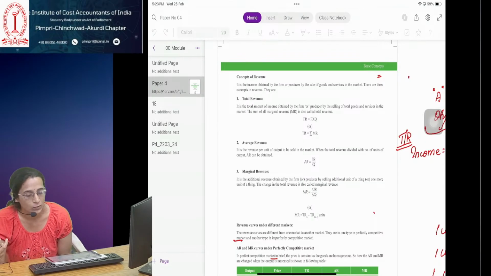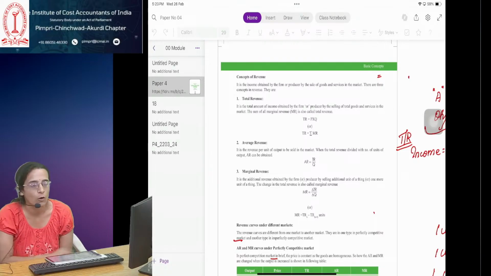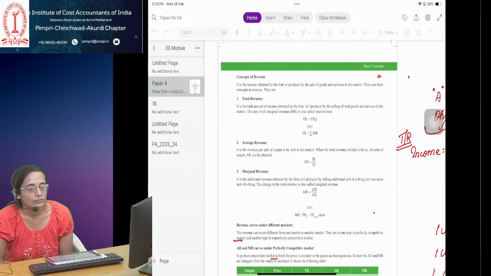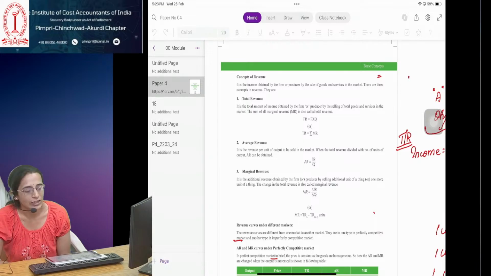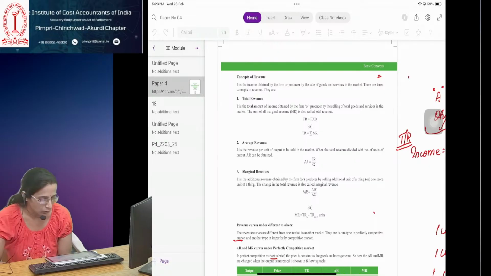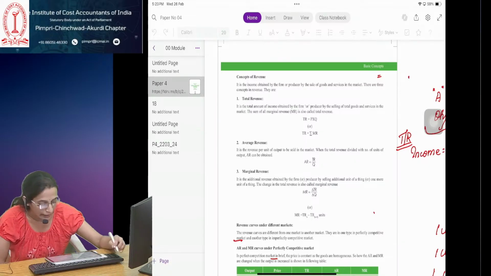The revenue it gets in a particular year from Indica, added to the revenue of Nano, Nexon and the rest, adding up all the revenue of all the finished goods that we are selling is the total revenue. Or adding up the marginal revenue will give us the total revenue, right?